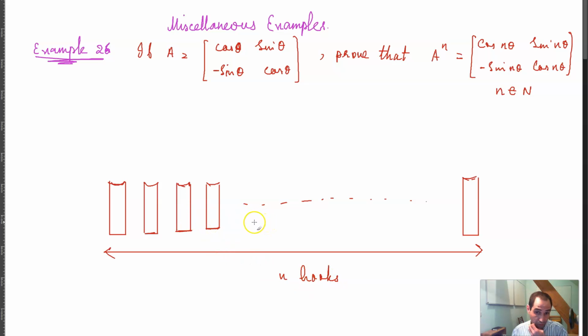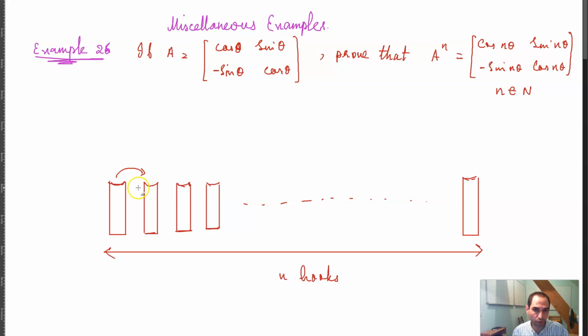Now, the way that the principle of mathematical induction works is that I'm going to show that, first of all, if the first book falls over, it will make the second book fall over, and the second book will make the third book fall over.